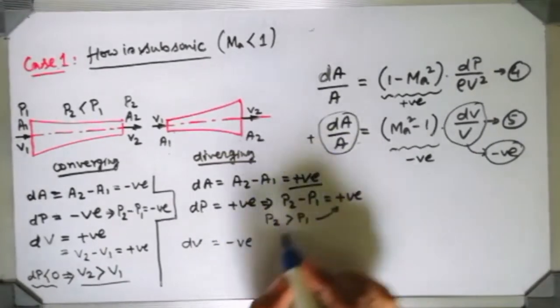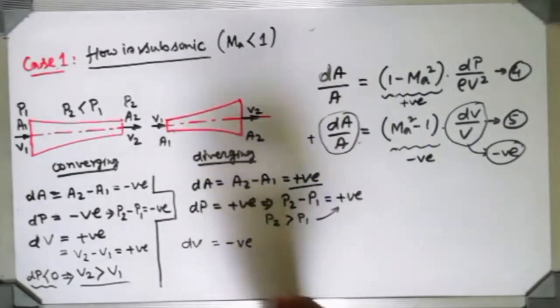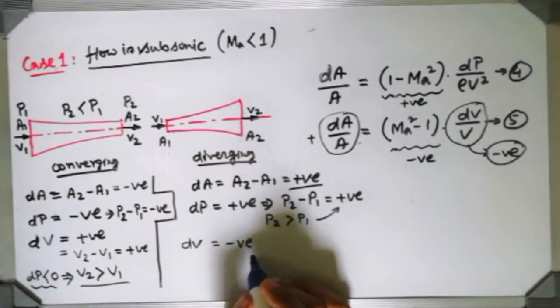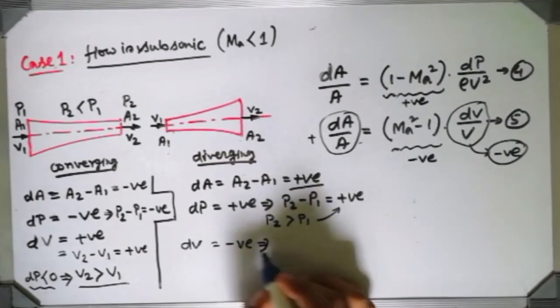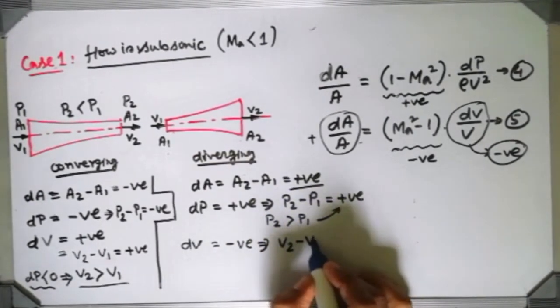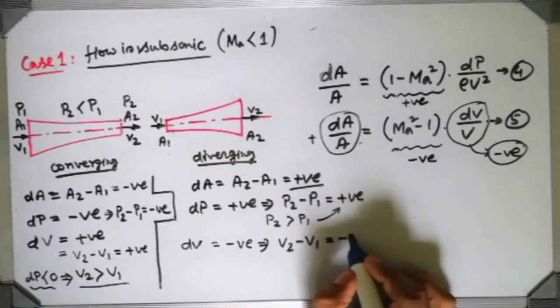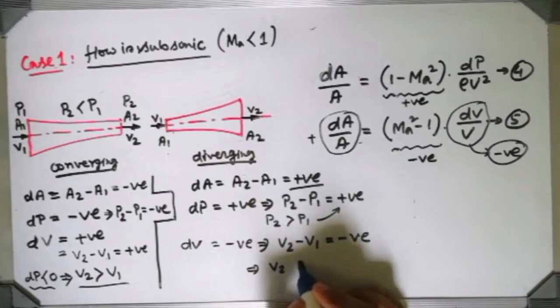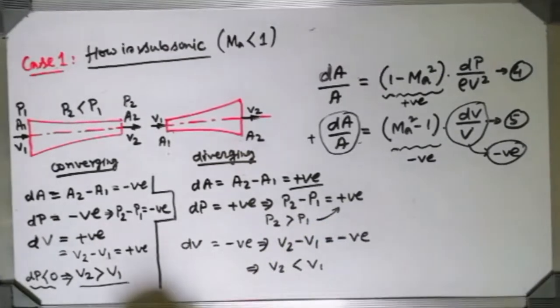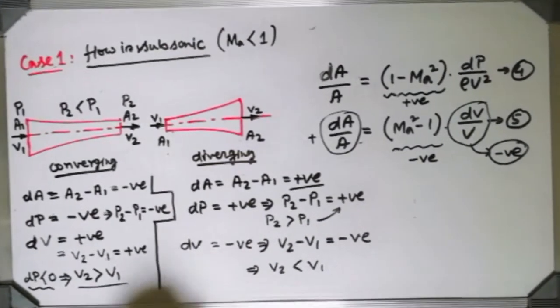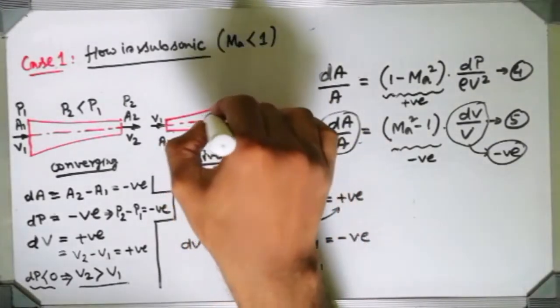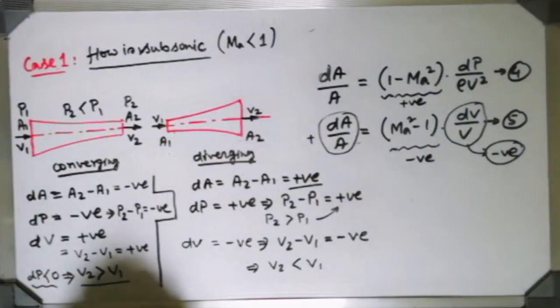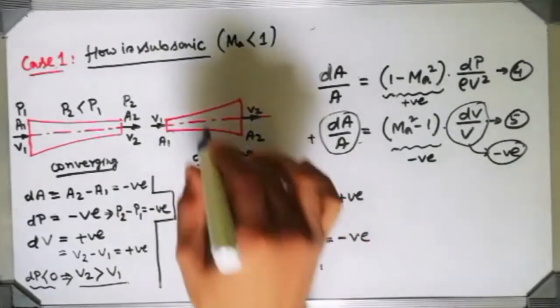So dA and dV act oppositely. dV negative means what? dV means V2 minus V1, and if V2 minus V1 is negative, what does this mean? That means V2 is less than V1. All these things will occur in this diverging cross section. So that's why it is known as a diffuser.